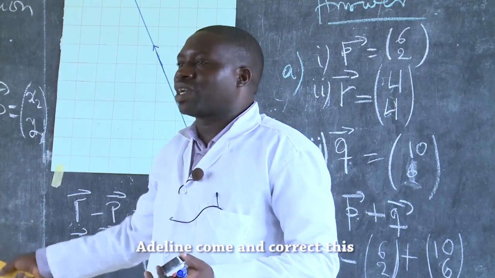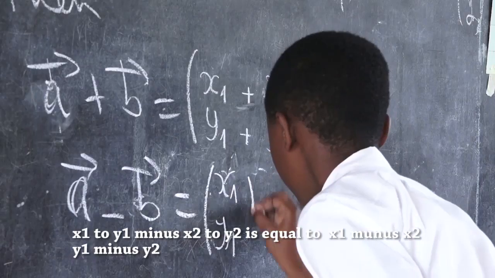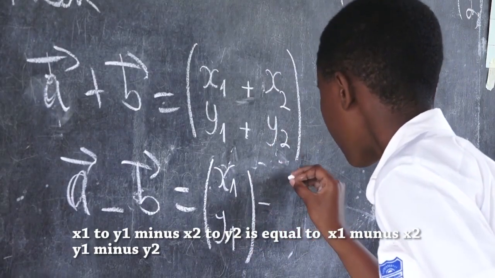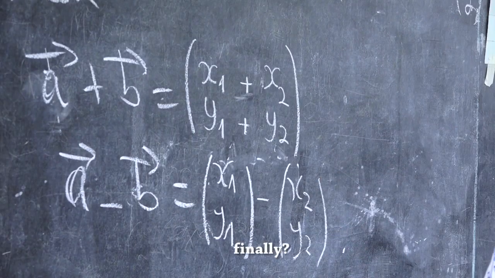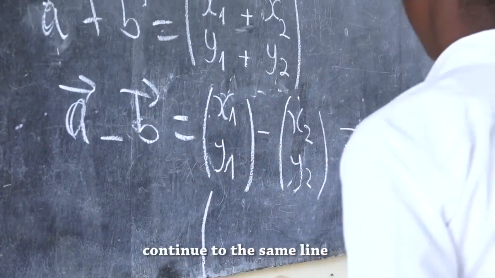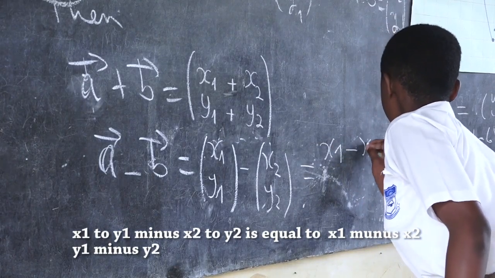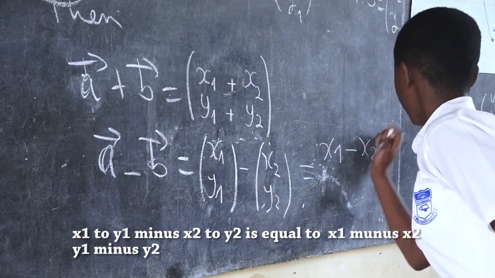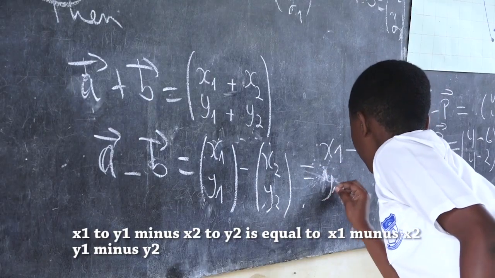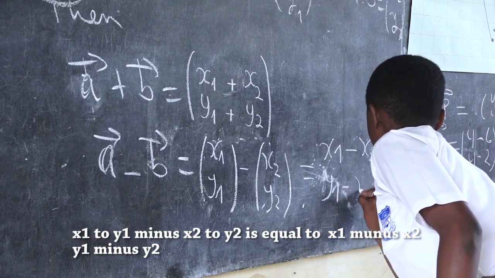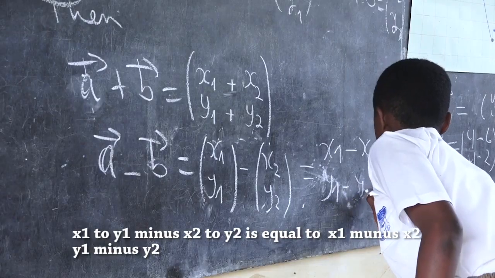Adeline, come and correct this. Y2. Finally, continue on the same line. X1 minus X2, Y1 minus Y2.